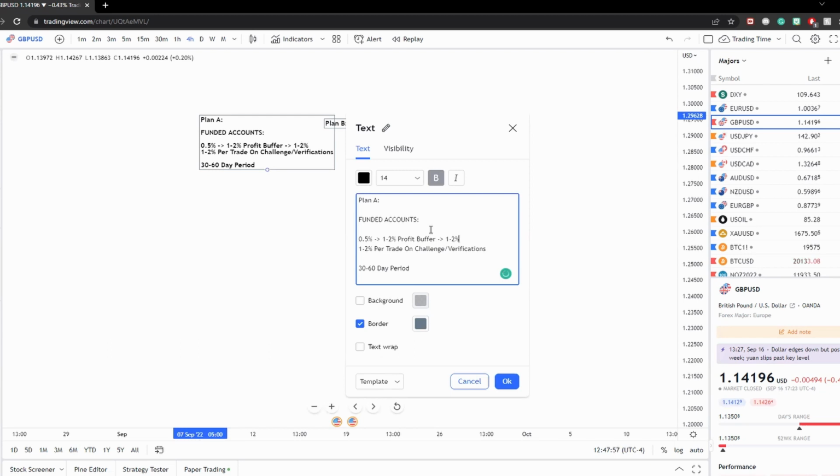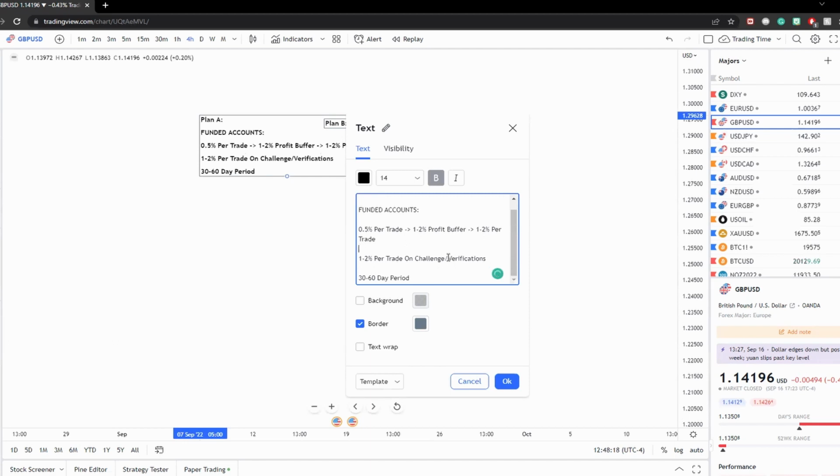No, they do not do 5% per trade. Just in case, 5% per trade. Then you get to a 1 to 2% profit buffer, and you can go to 1 to 2% per trade as well if you're comfortable with that, or you just do 1 to 2% per trade on challenge verifications because usually there's a 30 to 60 day period.